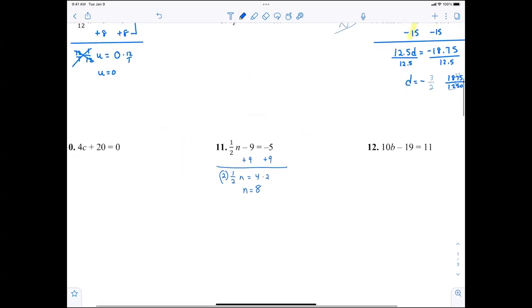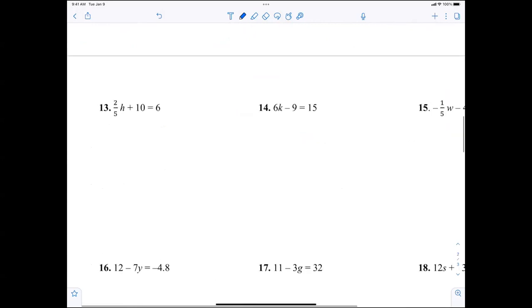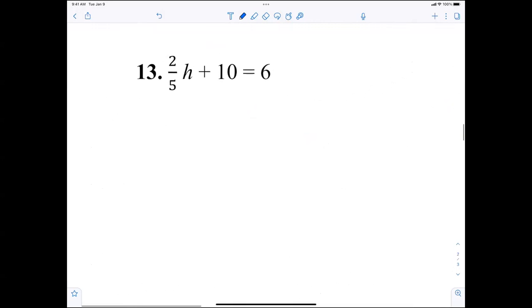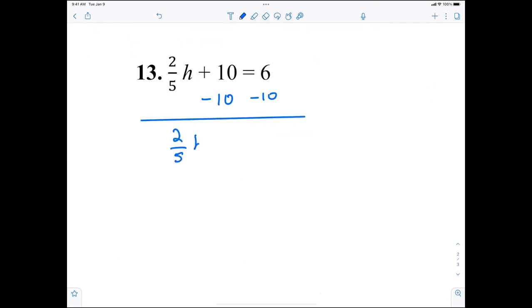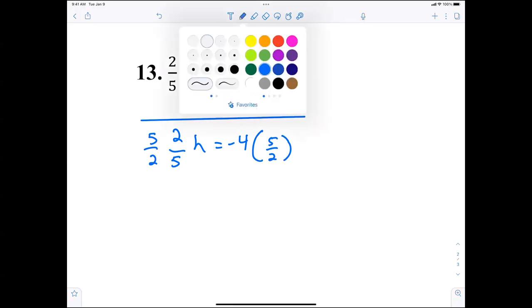All right, Maggie. Help me with 13, kiddo. Minus 10. Good. You're correct. What happens to the 5 halves?